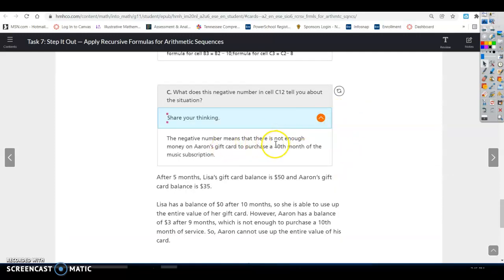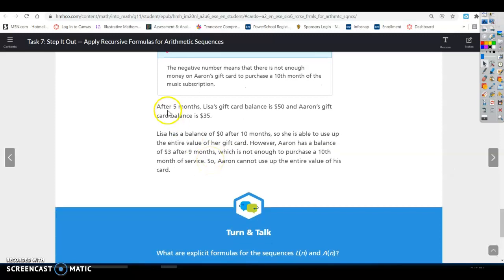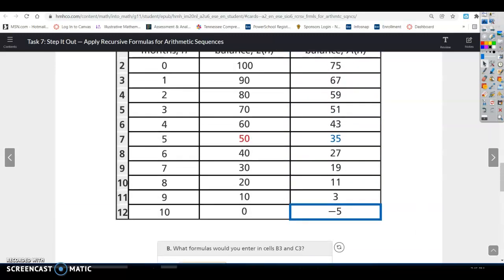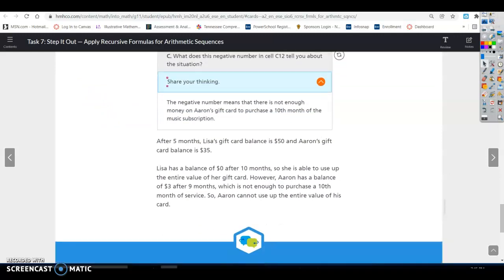All right, so a negative number means that there is not enough money on Aaron's gift card to purchase the 10th month of subscription. Okay, same thing. All right, so after 5 months, Lisa's gift card balance is $50 and Aaron's was $35. So we could see that from the table. After 5 months, 50 and 35. So that answered one of the questions.